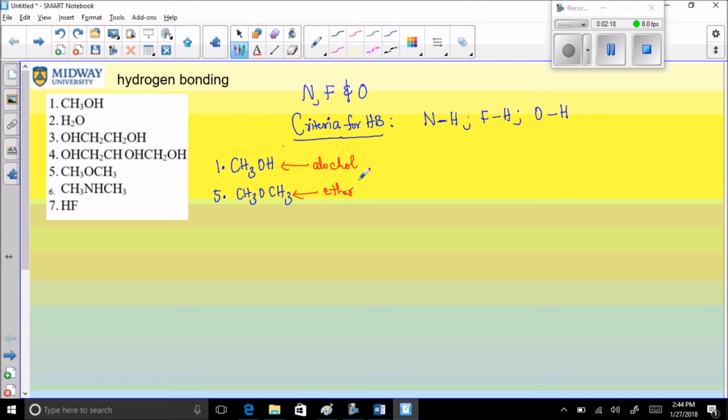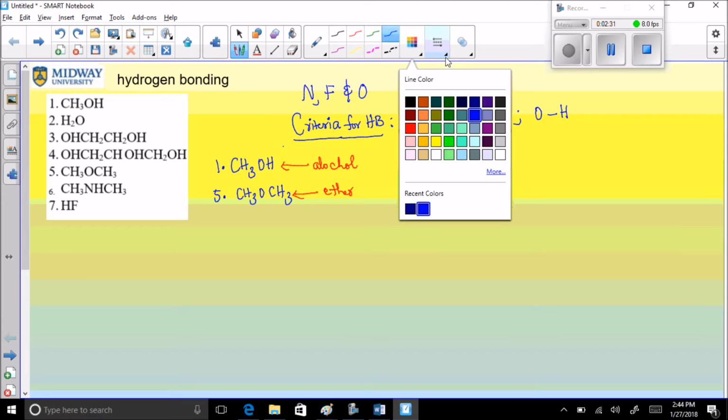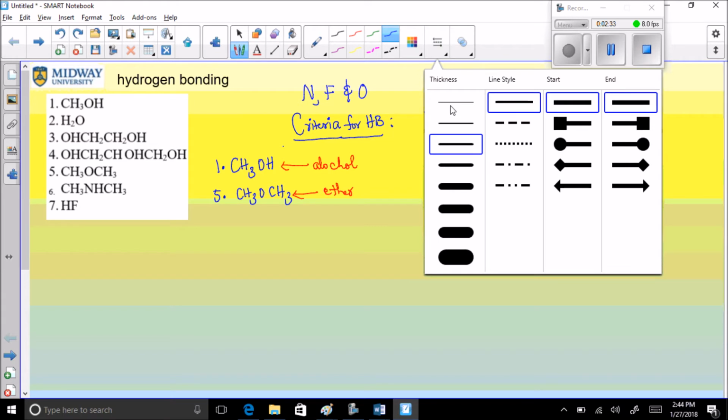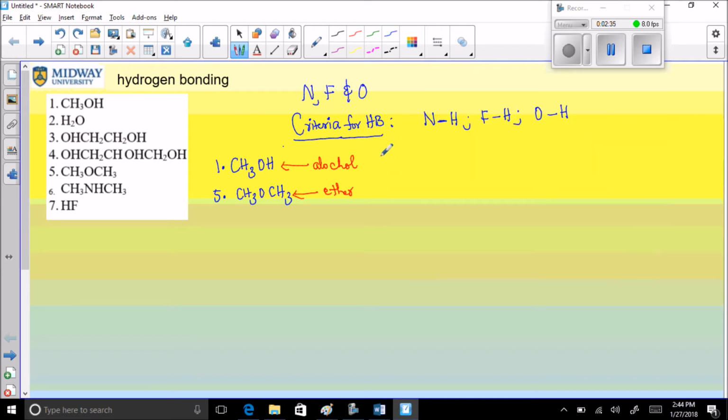That's not the focus of this particular topic. The focus here is that when we write it this particular way, it means that the hydrogen is directly attached to the oxygen.